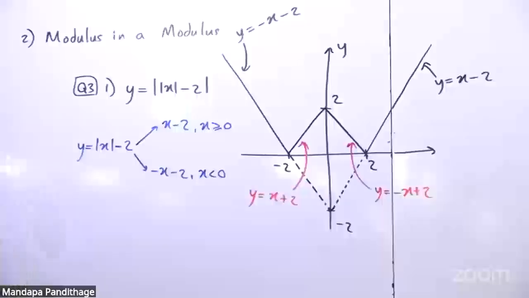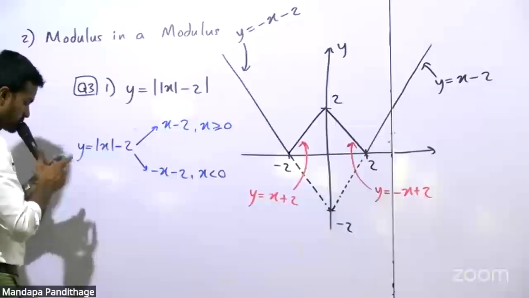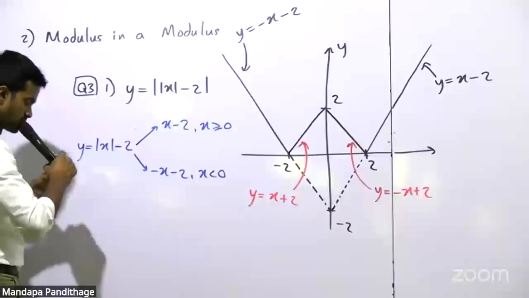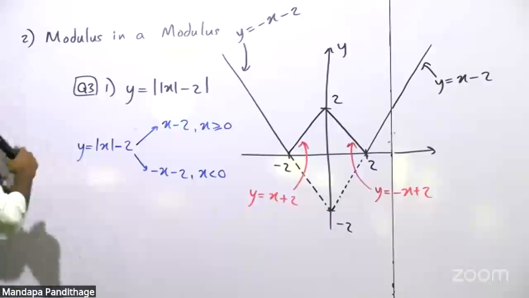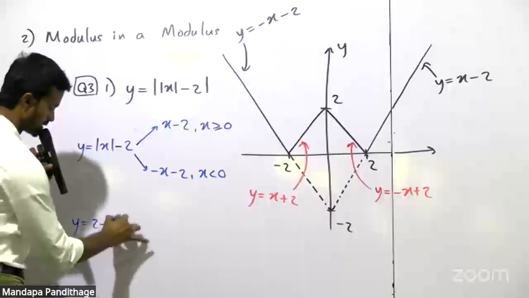And in the same graph, you're supposed to sketch y equals 2 minus modulus x minus 2.